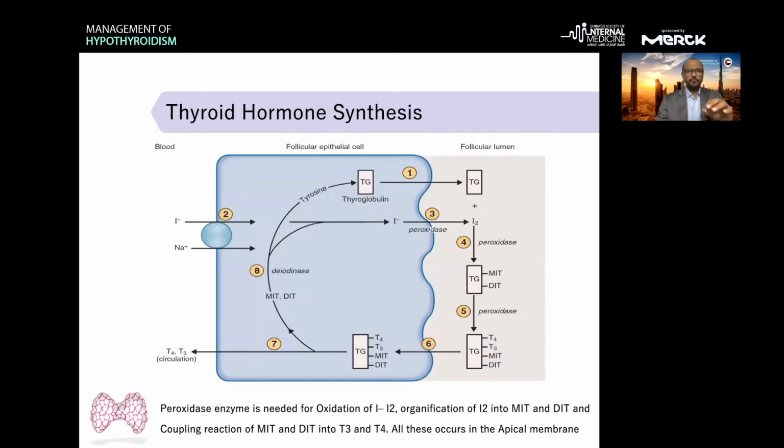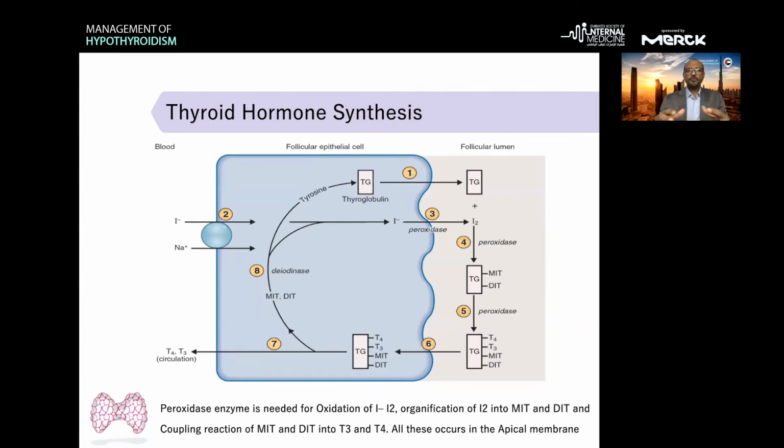So just to take you a step back, the most common cause of hypothyroidism is Hashimoto thyroiditis. And Hashimoto thyroiditis is basically an autoimmune disease due to anti-thyroid peroxidase antibodies. I put this exactly to show you what's the function of the thyroid peroxidase and what it does in the synthesis of thyroid hormone.